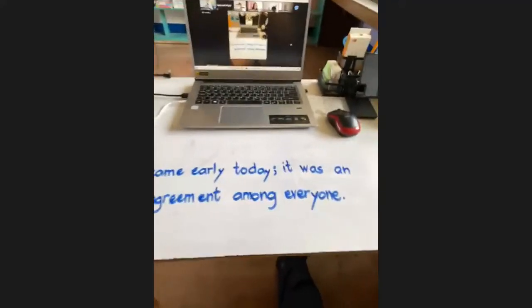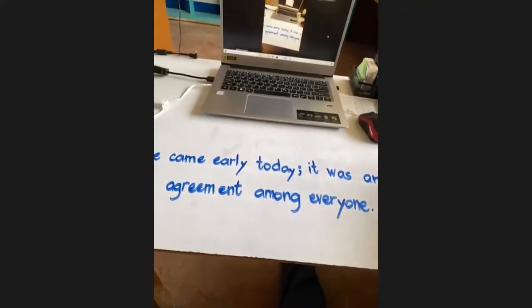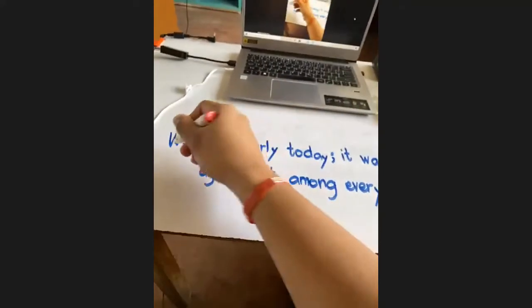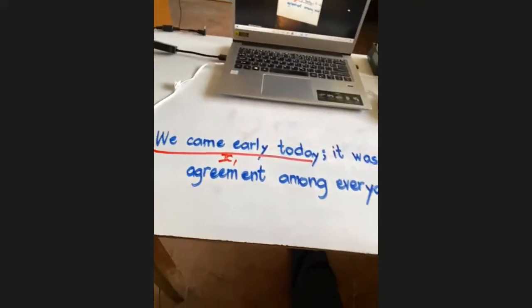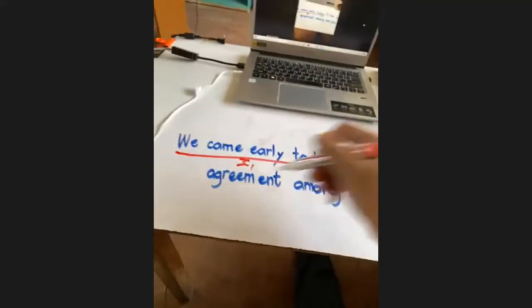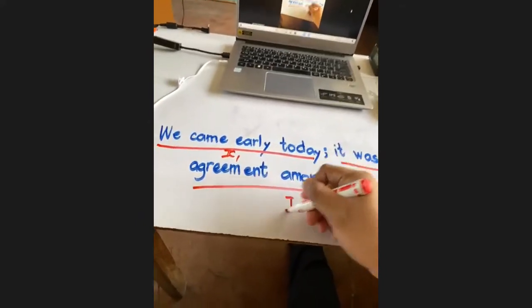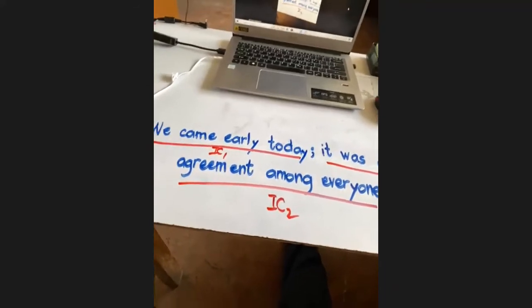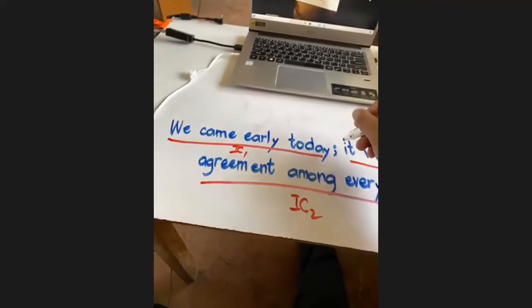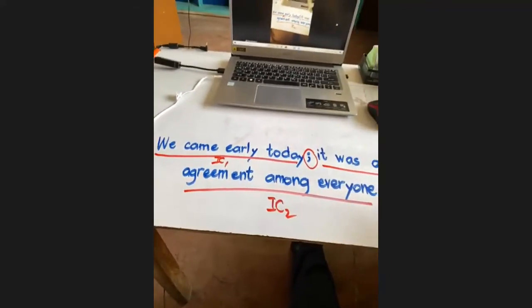We do. What is independent clause 1? Independent clause 1 is, we came early today. What is independent clause 2? It was an agreement among everyone. What did we use to combine these two independent clauses? This punctuation mark.